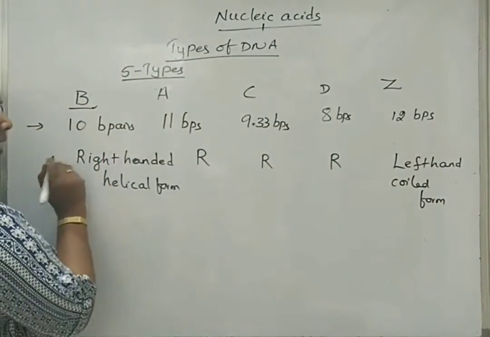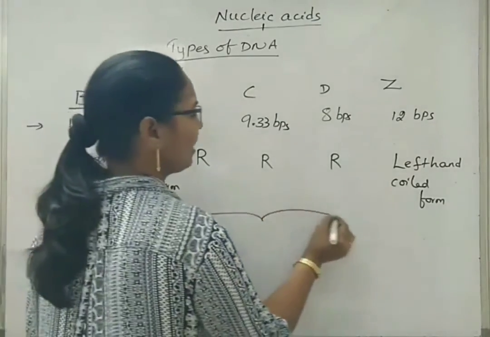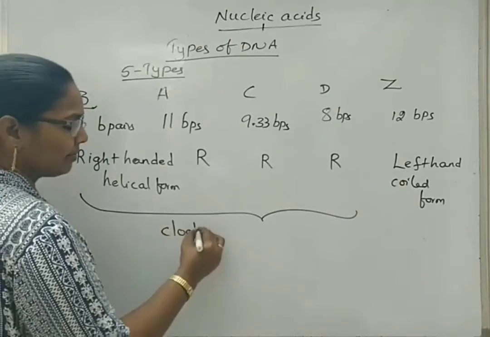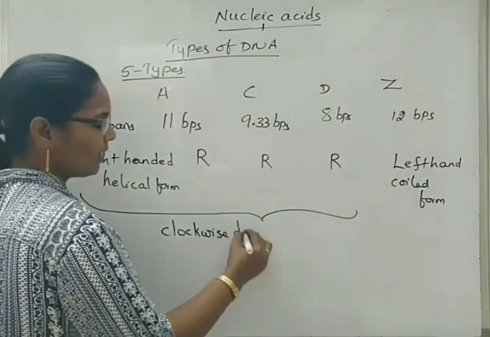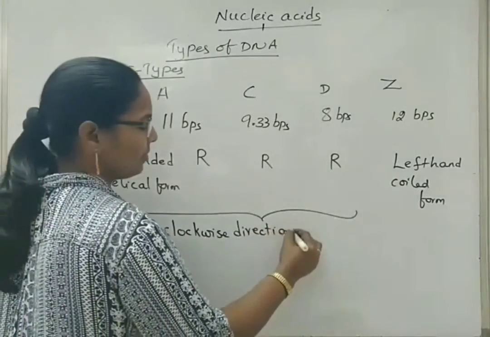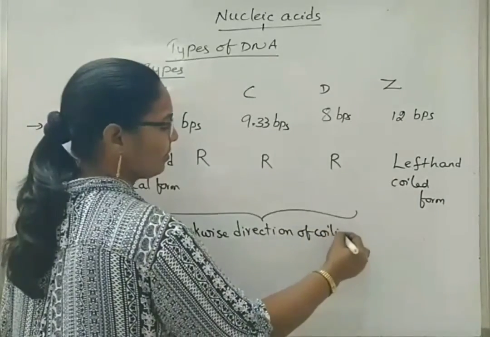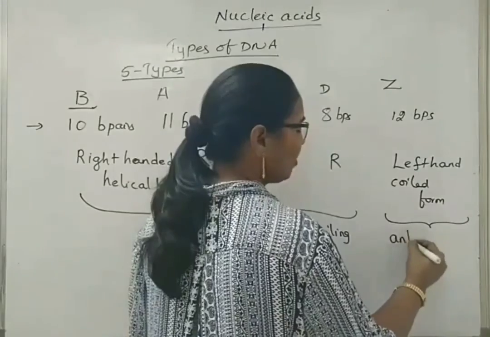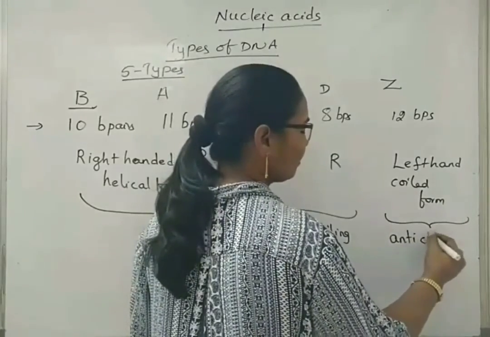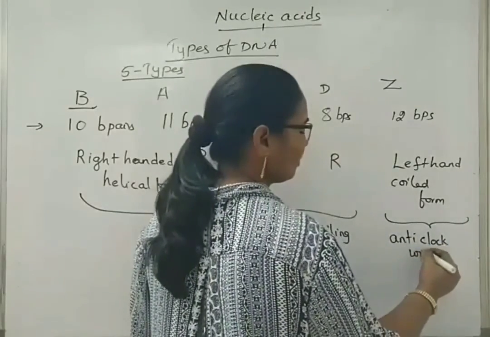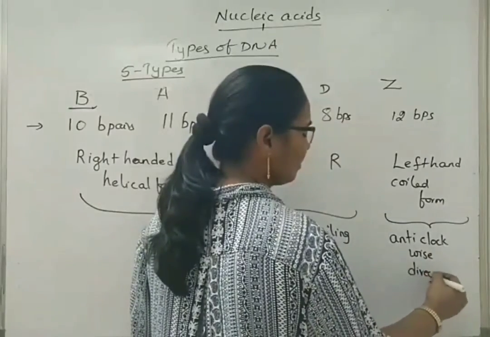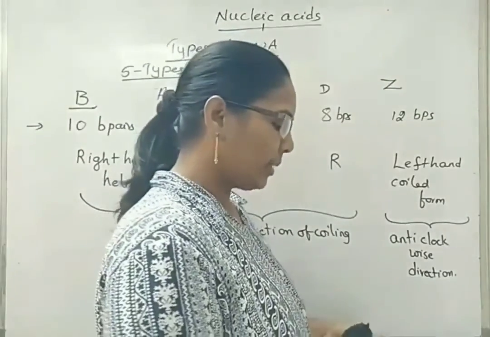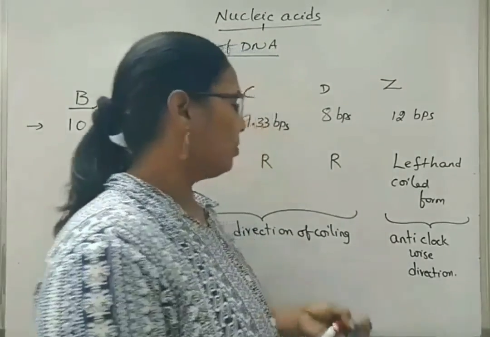Means B DNA, A DNA, C DNA and D DNA show clockwise direction of coiling. Z DNA only shows anti-clockwise direction of coiling. So this is about the different types and the structures of nucleotides.